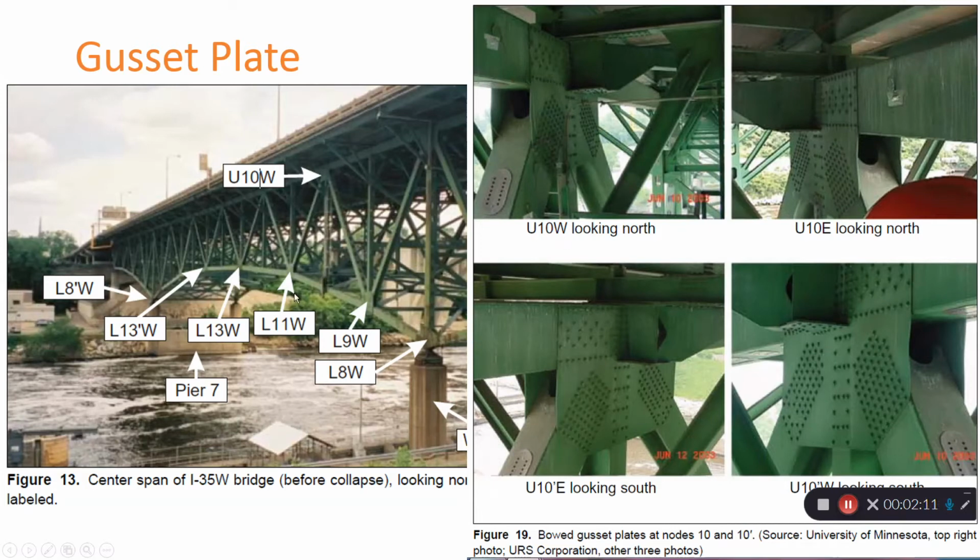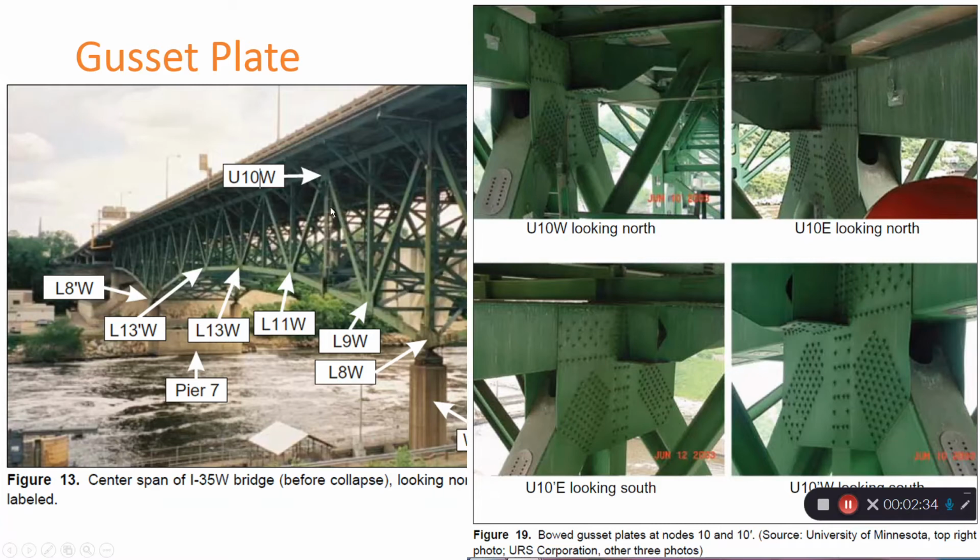Okay, this is a very famous example. The initiating event in the collapse of the I-35W Bridge in the Twin Cities, Minneapolis, was due to the failure of tension members and a gusset plate.